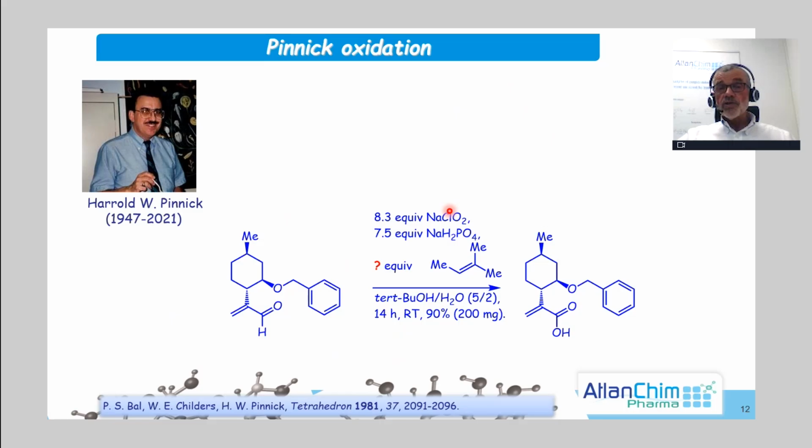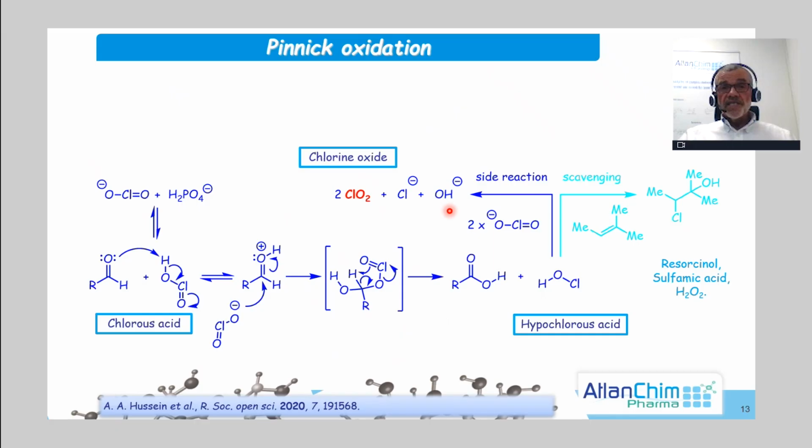Just a quick thought. Should we be talking about Pinnick oxidation or Kraus oxidation or even Lindgren-Kraus oxidation? In any case, the reaction mechanism of the Pinnick oxidation is still not fully understood, although the following proposal here is acceptable.